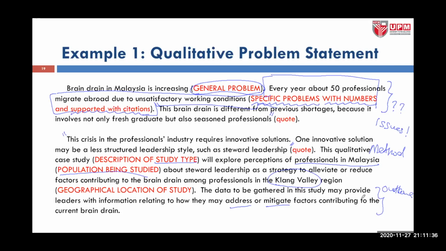Okay, so those are the elements. This is just one example of how you write a problem statement. So a problem statement is one sentence, which is here, and it is being supported by the criteria, the elements. You have the 3 elements: the problem, the method, and the other thing just now. So the 3 things that have been highlighted earlier.